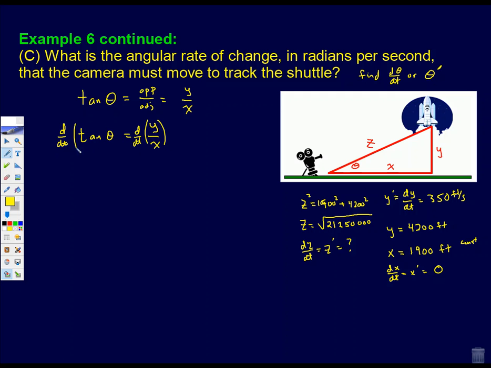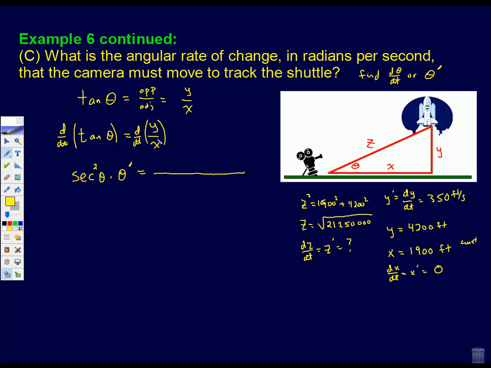Okay, so I encourage you to make sure you recall the derivative of the tangent function. And the derivative of the tangent function was secant squared. So the derivative of tangent theta is going to be secant squared theta times the derivative of theta. And notice on the right side, I've got these two functions dividing, so we're going to actually write out the quotient rule on the right side.